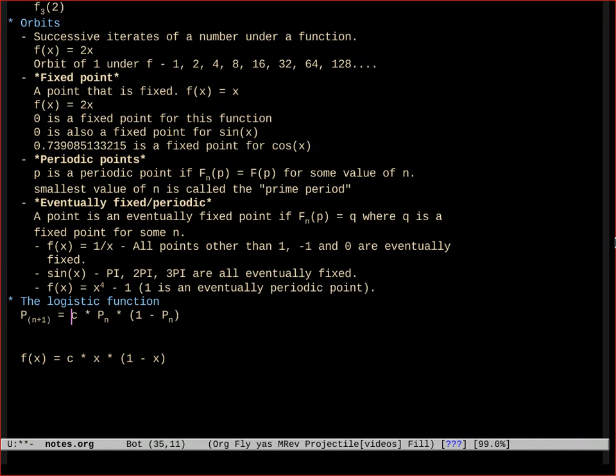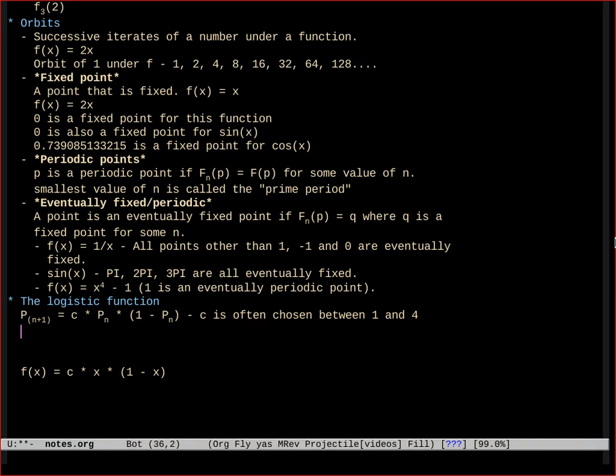This is determined from various atmospheric conditions, amount of food and conditions like that that describe the environment in which the population exists. c is often chosen between 1 and 4, and it affects the behavior of this in interesting ways. We'll see all that right now.